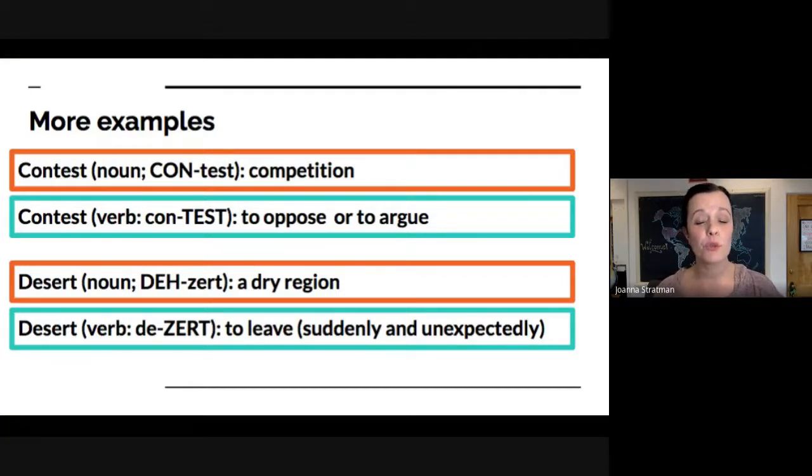And usually, if people desert something, it is their family or the military. They leave and they do not return if you desert those things. So we have the words desert first and desert second. Desert, desert.